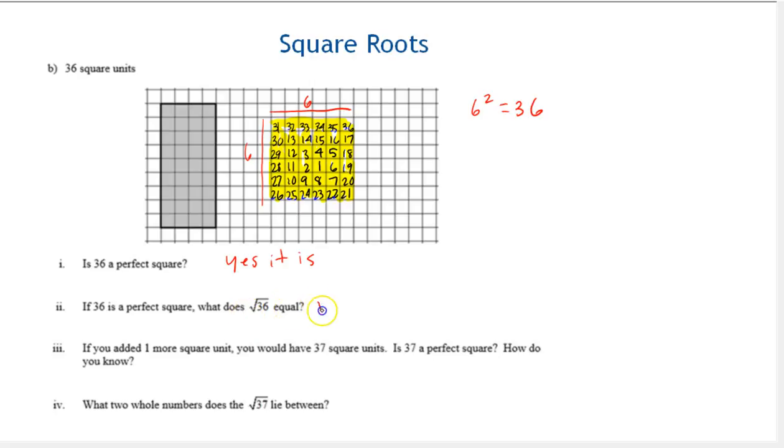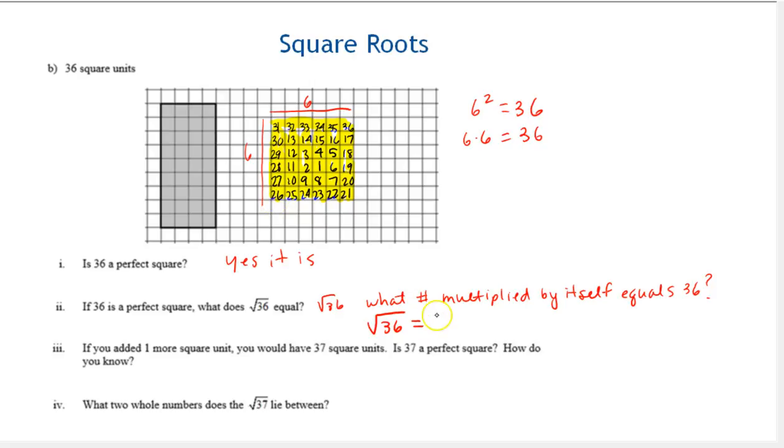So the square root of 36, again, means what number multiplied by itself equals 36. Okay, and we found that there is such a number, and that number is 6. 6 squared means 6 times 6. So if I multiply 6 by itself, I get 36. Therefore, the square root of 36 equals 6.